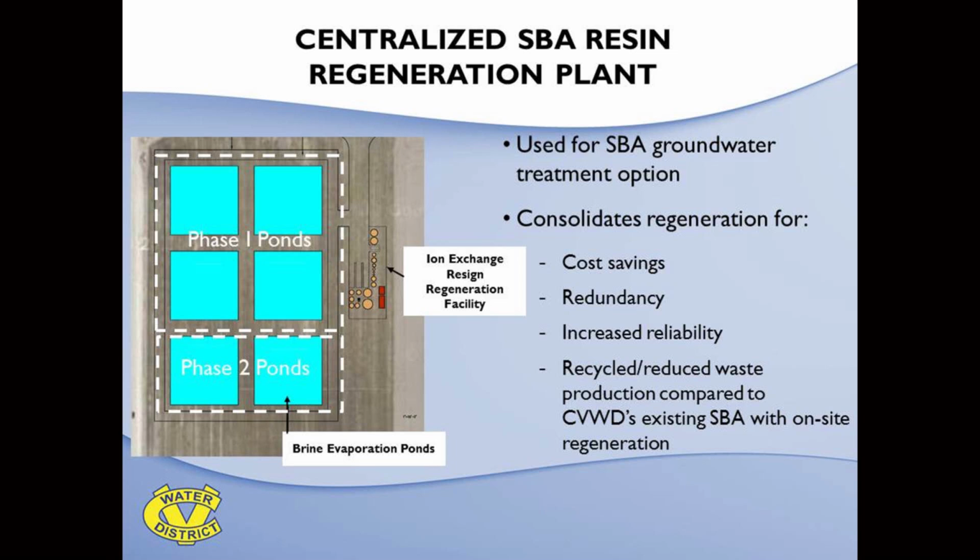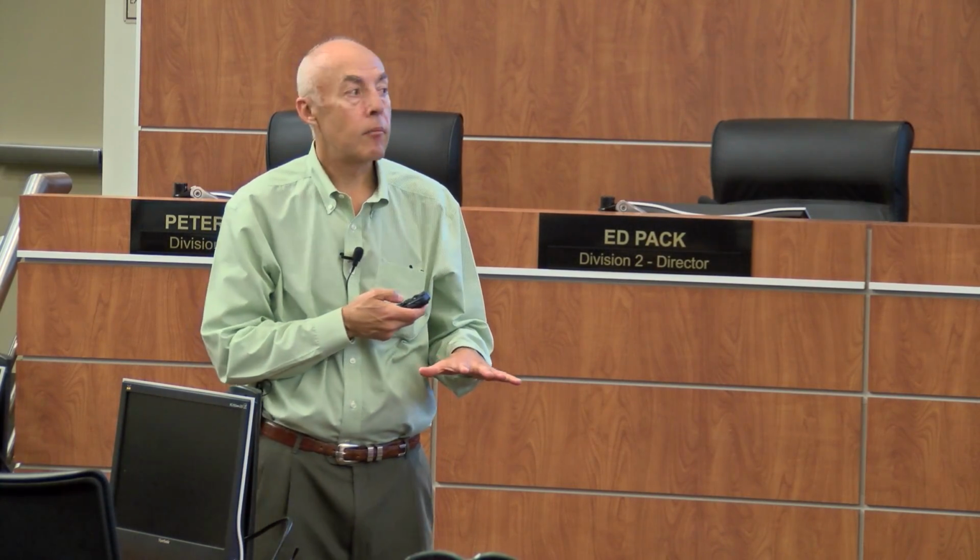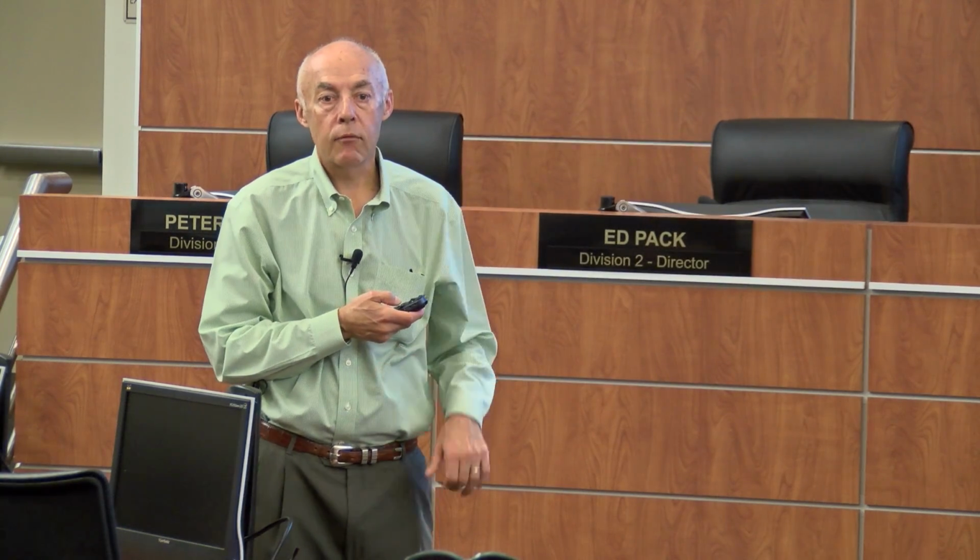This site here is about 5 acres in size. And essentially what we do here is treat the resin, and a brine is one of the byproducts of the treatment. So these would be brine evaporation ponds, and what remains is kind of a salty solid, and that would be eventually brought to a landfill for disposal.